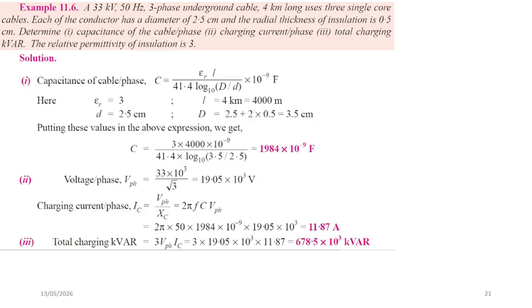And finally, the total charging reactive power of the cable system can be calculated as 678.5 kilovolt amp, kilowatt, megawatt, sorry. So this example illustrates the effect of cable capacitance on charging current and reactive power in underground transmission systems.